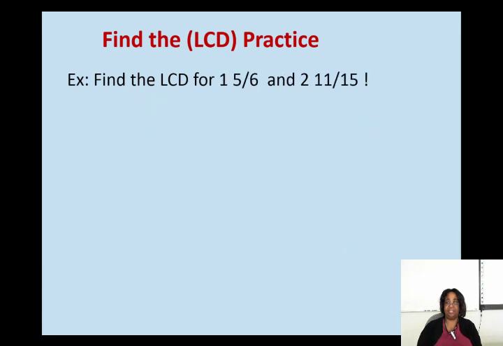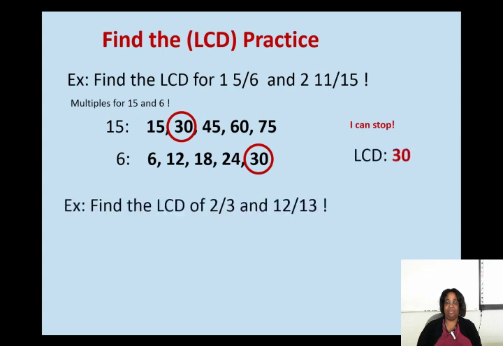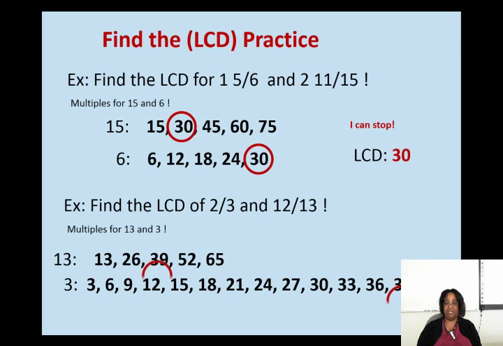What about for 6 and 15? 30. And what about 3 and 13? 39. So just make a multiple list and find a number that they both have in common and just use that number.